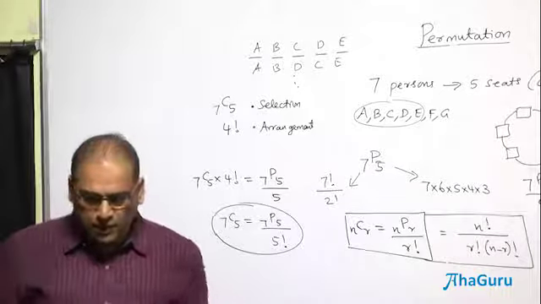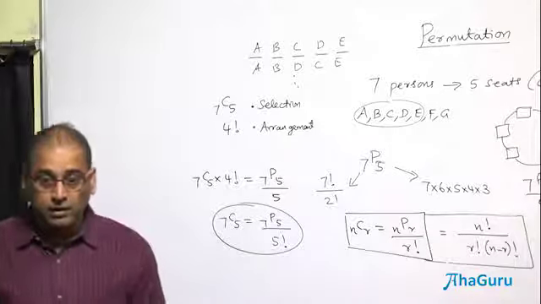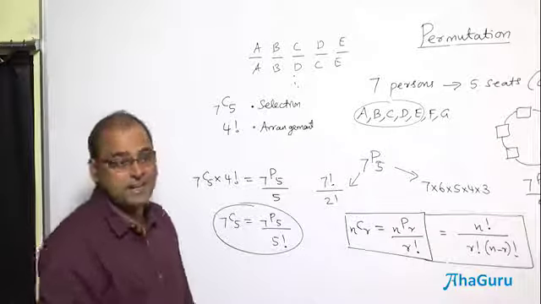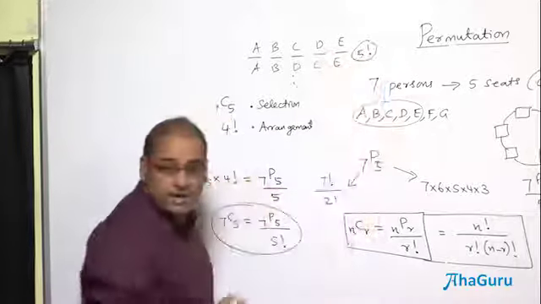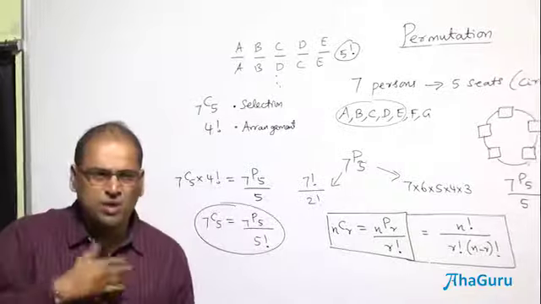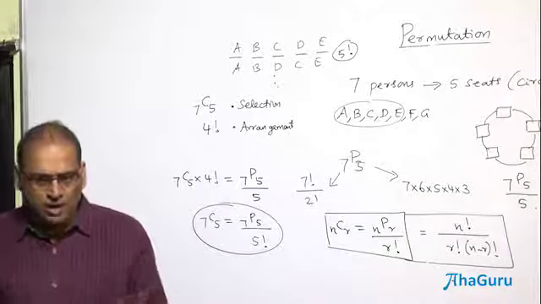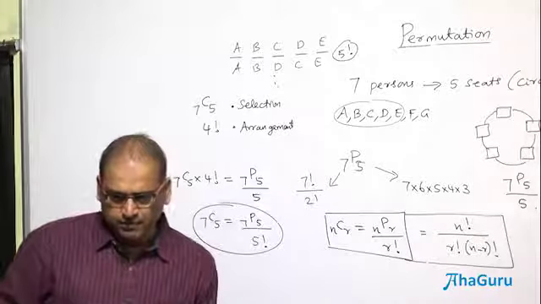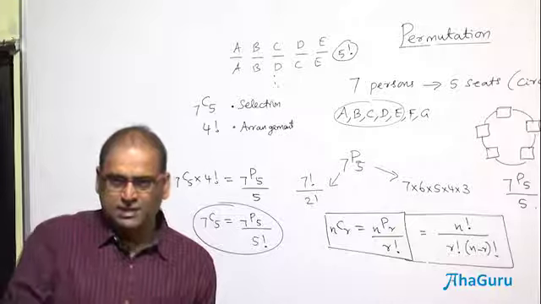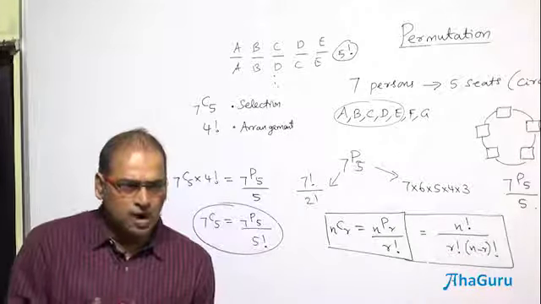Not 5 into 5 into 5. 5 persons, 5 seats, 5 factorial, right? So 5 factorial permutations of A, B, C, D, E, because we want only combinations. Are you able to understand? We don't want the order. There is a simple example. Jack and Jill went up a hill. If I say Jill and Jack went up a hill, the meaning is the same. So order is not playing a role.